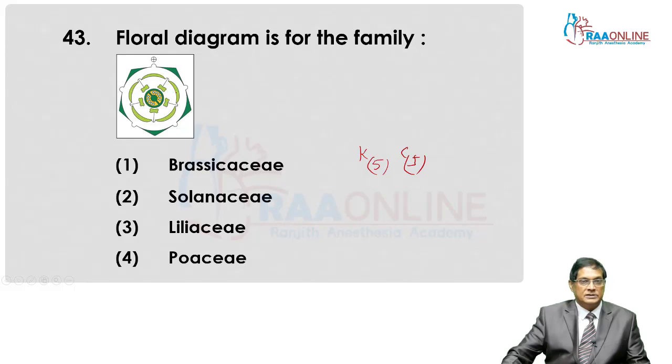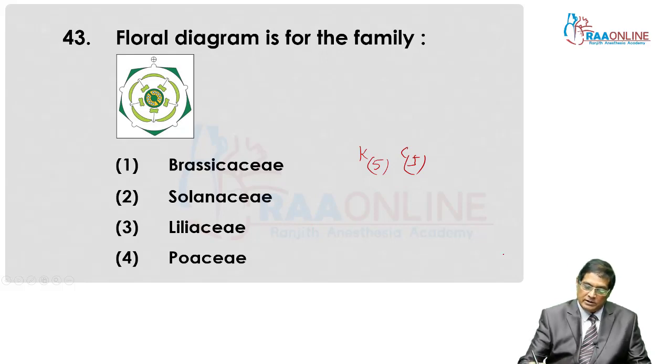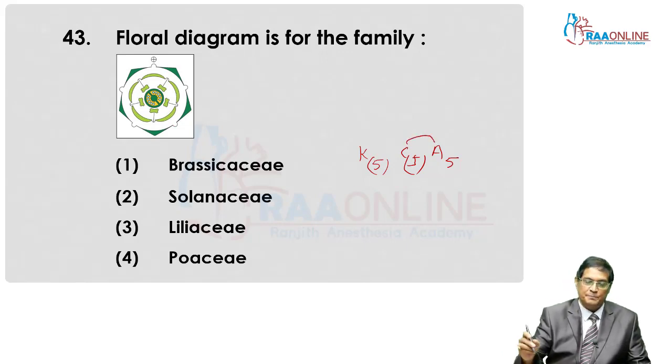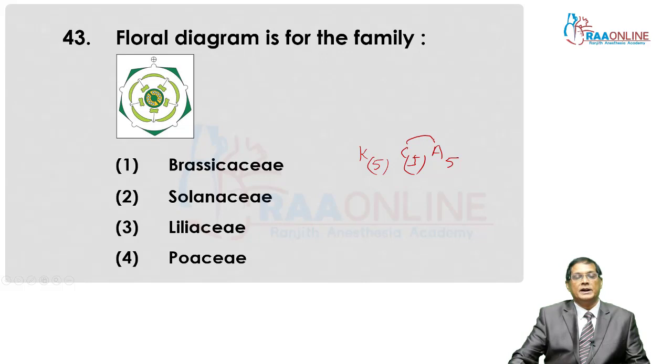See the stamens 1, 2, 3, 4, 5, pentamerous condition, A5. And see these stamens adhere to the petals. This is epipetalous condition. And this is bicarpellary syncarpous ovary.